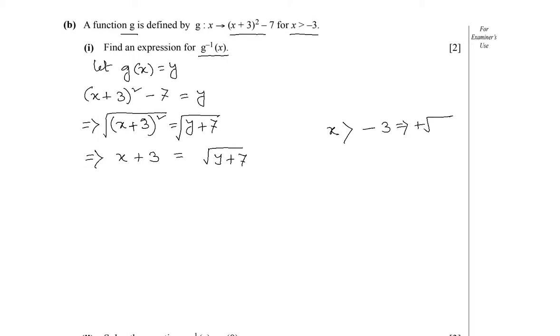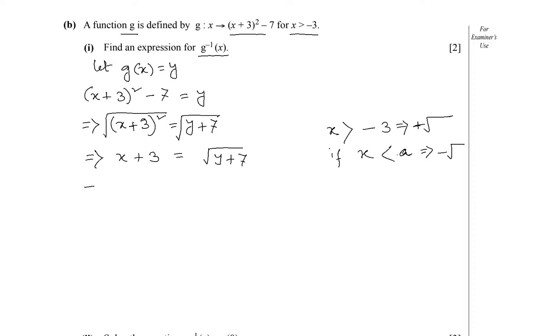Since it is greater than, the positive square root will be considered. If the domain was less than −3, or less than any constant, say a, which can be any integer or any real number, then we would have taken the negative square root.